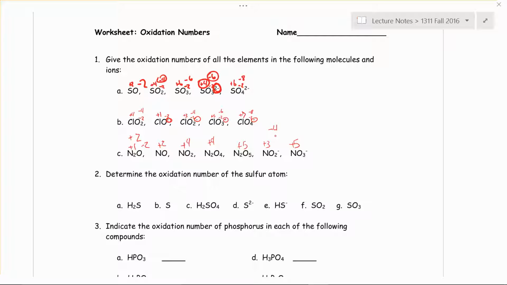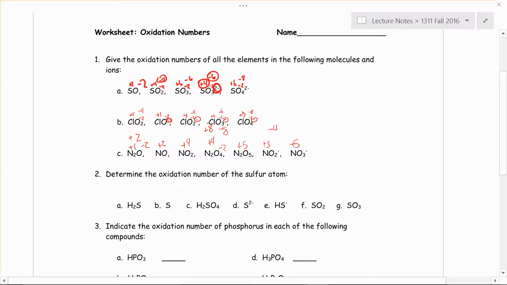Okay, any others from that list? Can you explain the N2O4 and N2O5? Sure. For N2O4, we have negative 2 for the oxygens, which is negative 8 overall. So I have to have plus 8 on the other side.